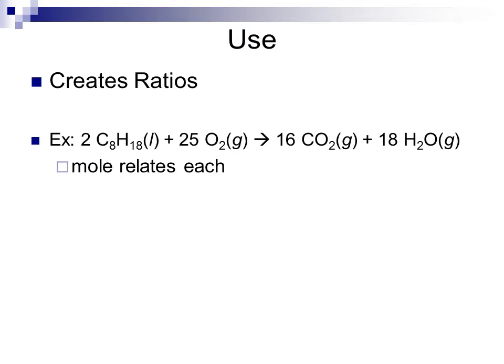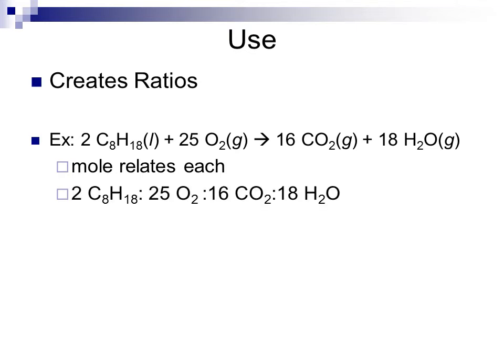There are 2 moles of octane, the first compound, 25 moles of oxygen, molecular oxygen, the second compound, 16 moles of carbon dioxide, the third, and 18 moles of water, the fourth. So for every 2 octane, there are 25 oxygen, 16 carbon dioxide, and 18 water.